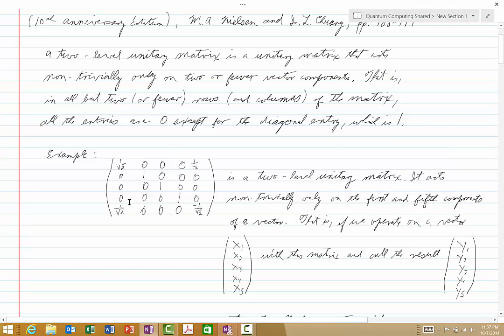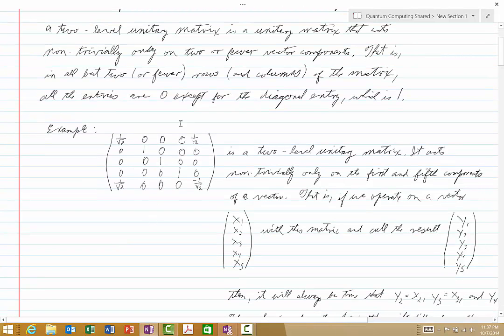You can see that in the second, third, and fourth rows, the only non-zero term is a 1 in the diagonal. And the only rows or columns that act non-trivially are the first and the fifth. What we mean by non-trivially is the following.